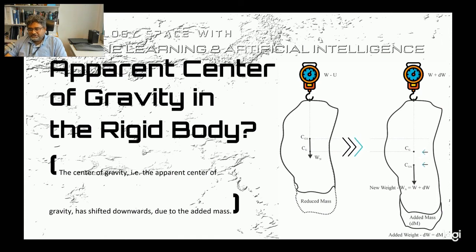Because of that, we are introducing a new concept called apparent center of gravity. That means even though a rigid body has a fixed center of gravity itself, when it is interacting with fluids, the center of gravity could change due to this interaction. The new concept of apparent center of gravity is used in such situations. And this is what I'm going to discuss throughout this maritime technology playlist series in the future.